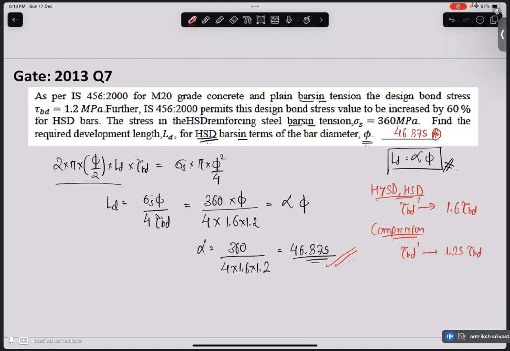Also, if it is a HYSD bar or HSD bar, deformed bar, under compression, then both will be applied. So it will be 1.6 into 1.25 if both are there. Just remember this. All right.